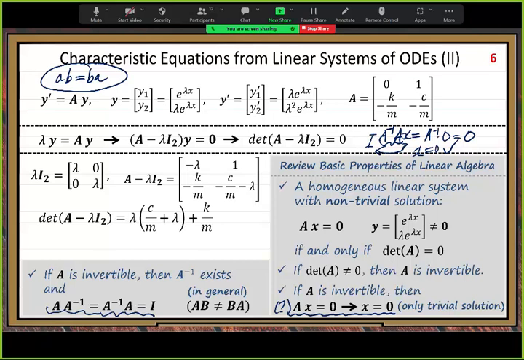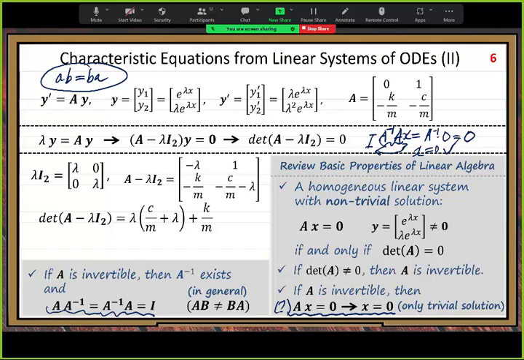The determinant: this lambda times the parenthesis (c over m plus lambda), then minus the product along the other diagonal. 1 times this, you have a minus here, but you need to do subtraction, so another minus: minus minus gives plus, plus k over m.